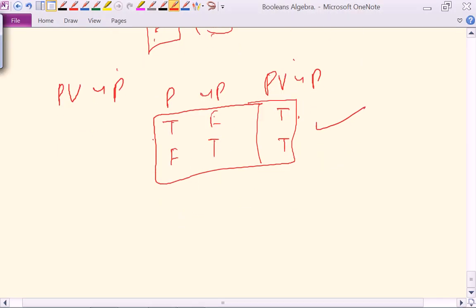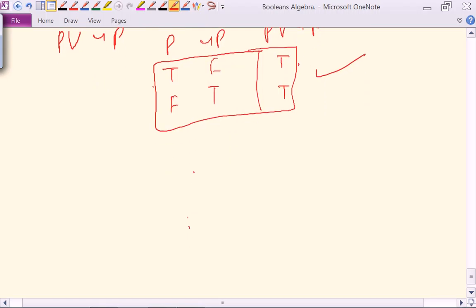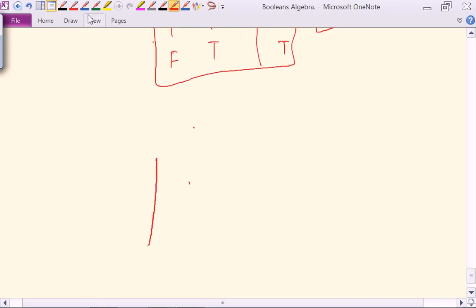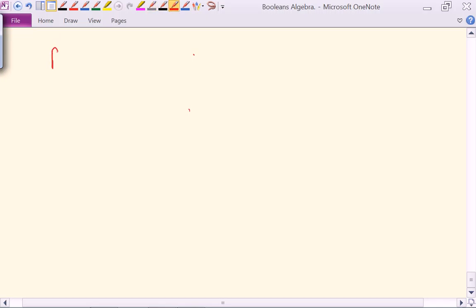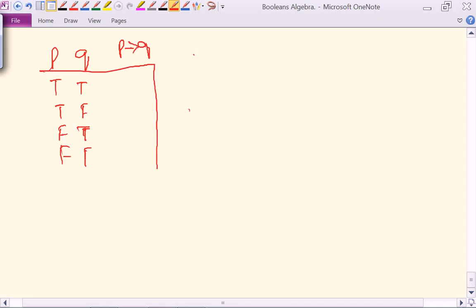Now let's make a truth table of conditional and biconditional statements. If we have a conditional statement, then for P and Q we get, for example, true, true, true, false, false, true, and false, false, right? So we say P implies Q. How do we get P implies Q?